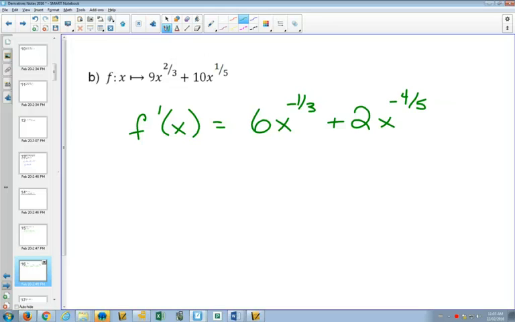You get negative 4/5. Because if you take 1/5 and you subtract 1, remember that we'd have to use a common denominator here. And then you get negative 4/5.